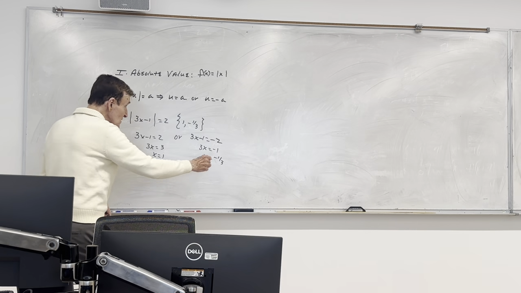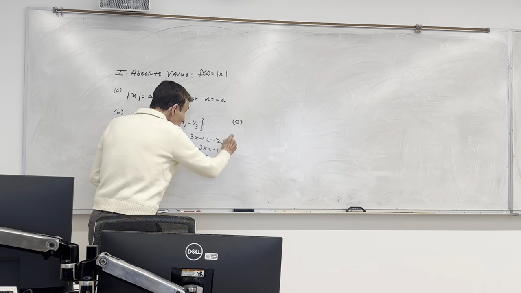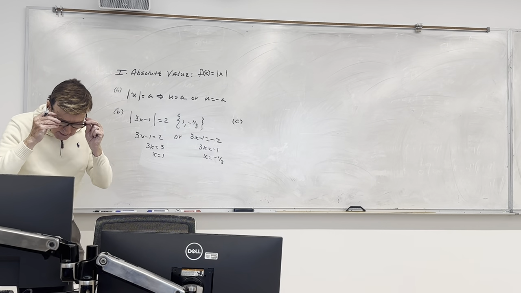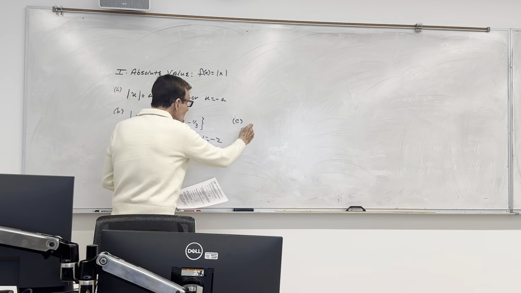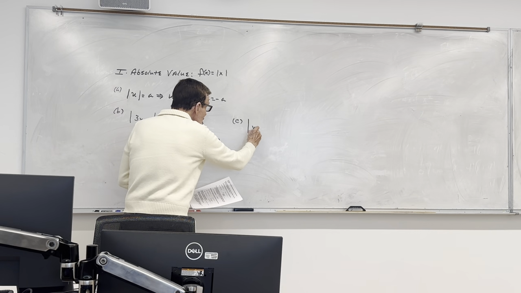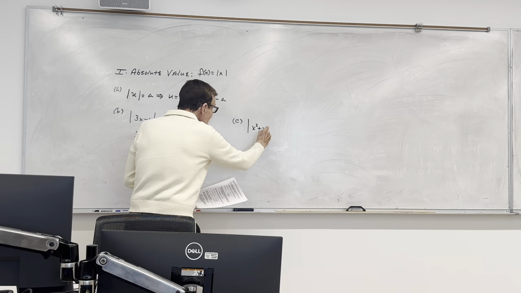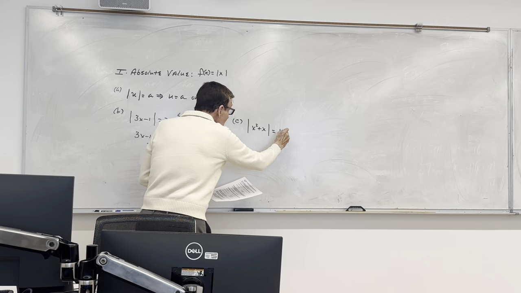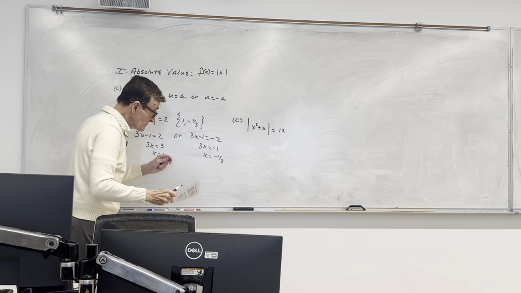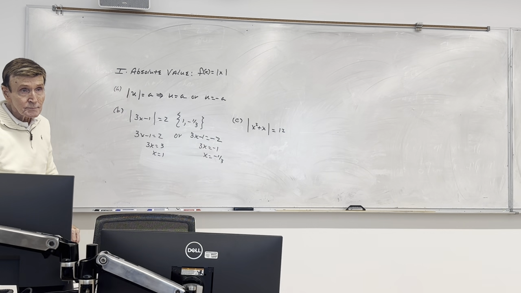Okay, that's done. Letter C, I think, guys, we're not going to work all these. We don't have the time to work all these. I brought some in. Let me try another one here. I'm going to try letter C. Absolute value of x squared plus x is equal to 12. Solve for x.